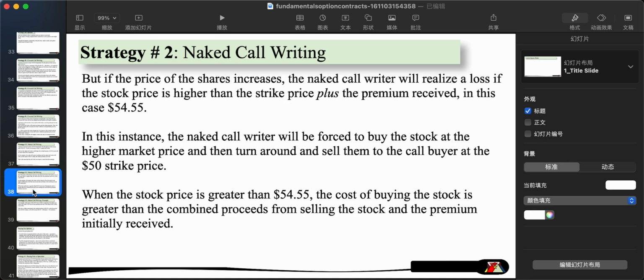The reason why a lot of people do naked call writing is because most of the time the stock goes sideways. So if you find a good strike price and you sell a naked call right there, and there is no strong momentum at all, percentage-wise you have a greater chance to make that premium.